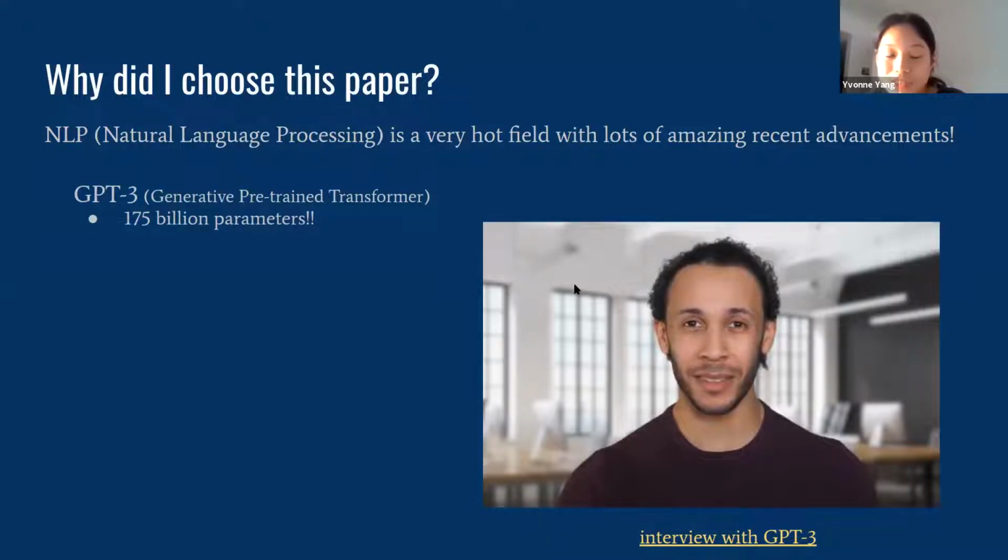GPT-3 was made by OpenAI and came out, I want to say, a year ago. Basically, it's got 175 billion parameters, which is 10 times the biggest neural nets at that time. And the things it could do are really mind-boggling.